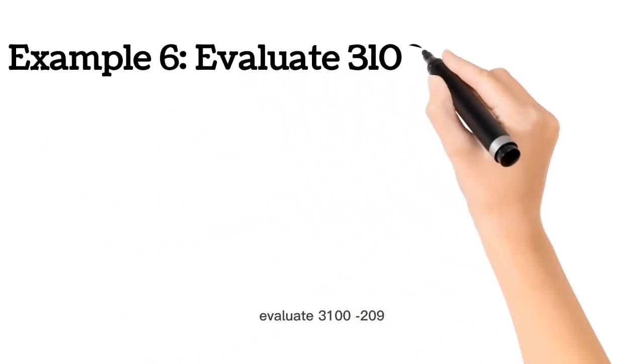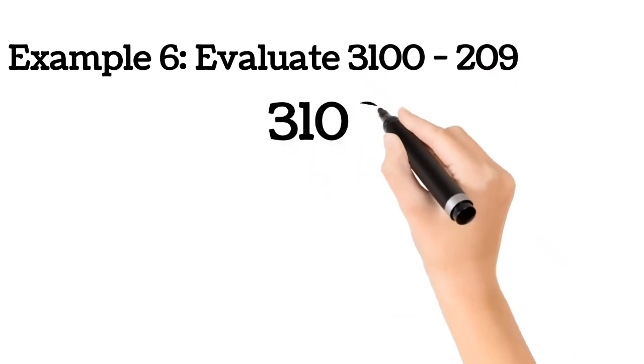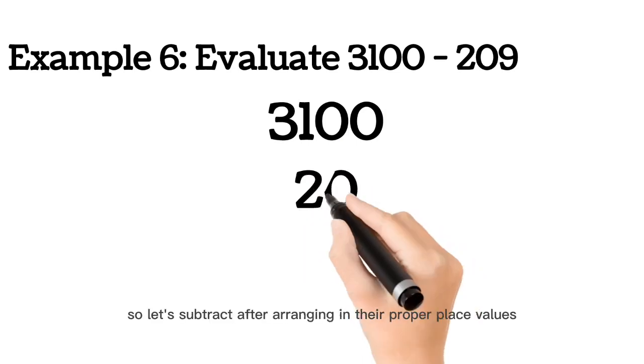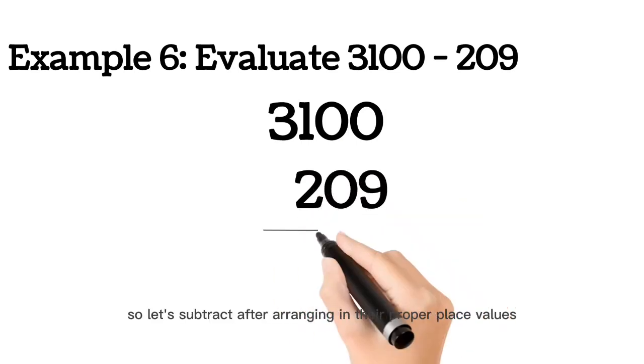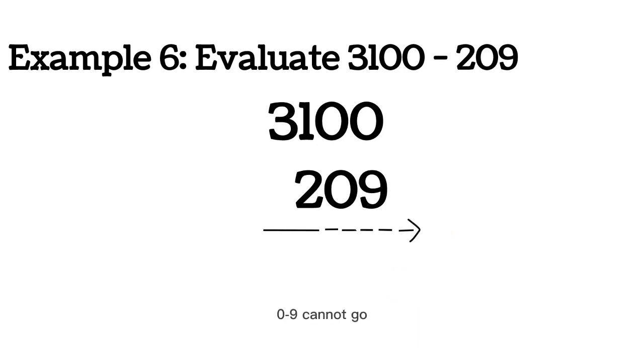Evaluate 3100 minus 209. So let's subtract after arranging in their proper place values. 0 minus 9 cannot go, so we are going to borrow this one and add as 10.